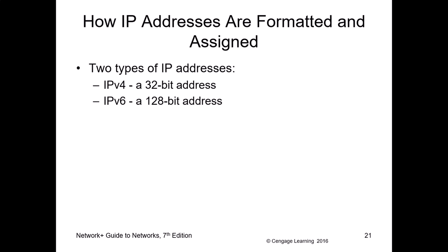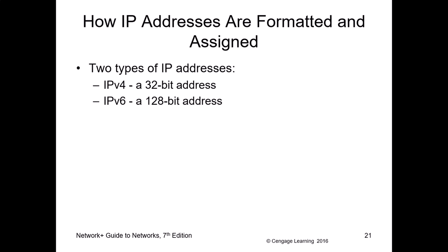All right, there are two types of IP addresses. There is the old IPv4, which is 32 bits and is written in decimal. IPv6 has 128 bits and is written in hexadecimal.